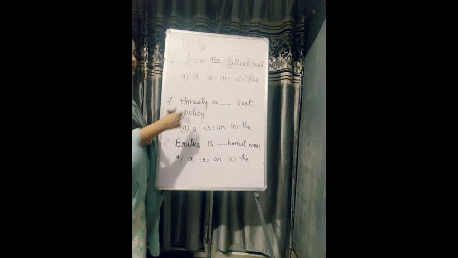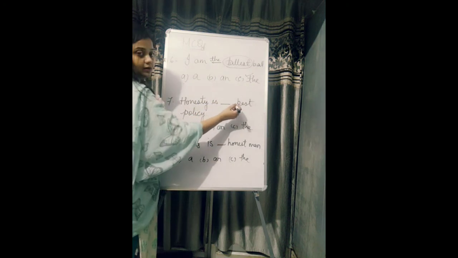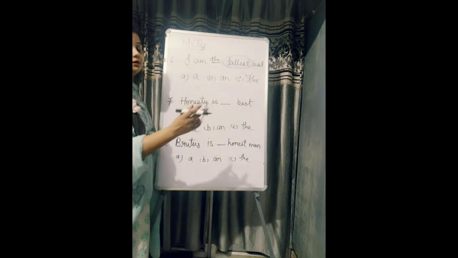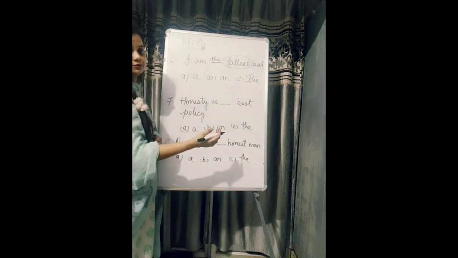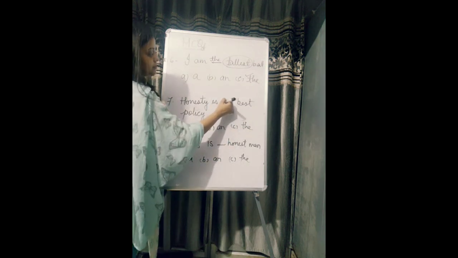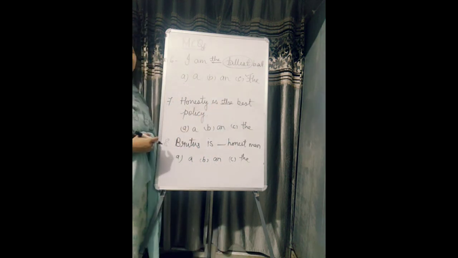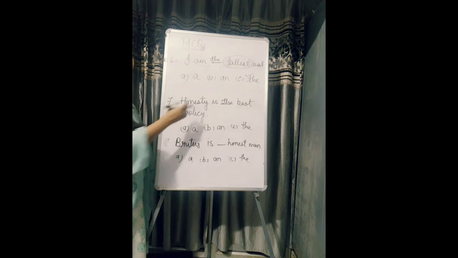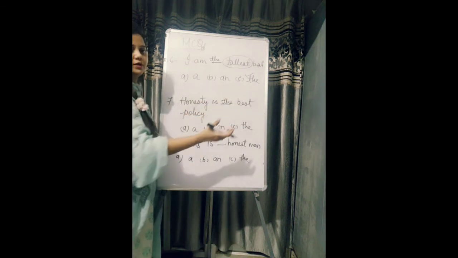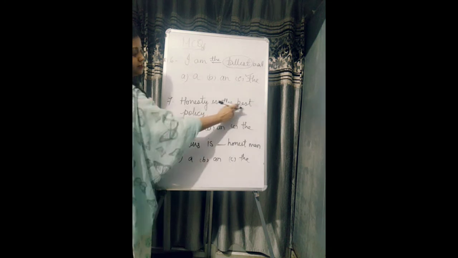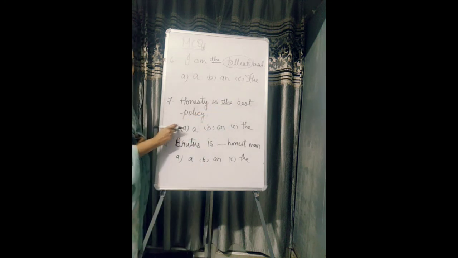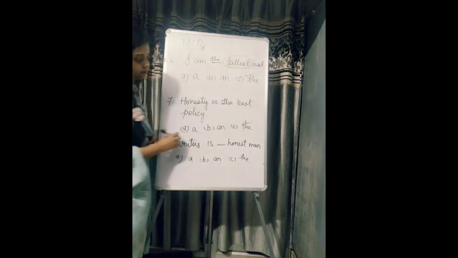I've told you we use "the" before superlatives, so best is also a superlative, right? So honesty is the best policy. Good, better and best. Best is the superlative form. So we use "the".